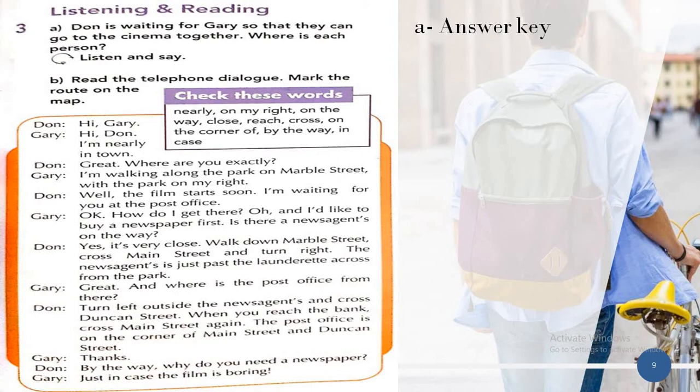And where is the post office from there? Don: Turn left outside the newsagent's and cross Duncan Street. When you reach the bank, cross Main Street again. The post office is on the corner of Main Street and Duncan Street.